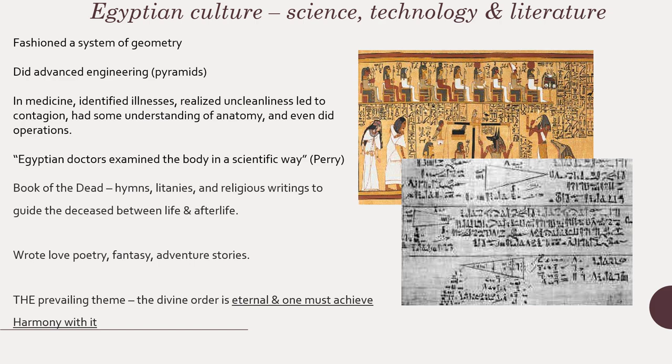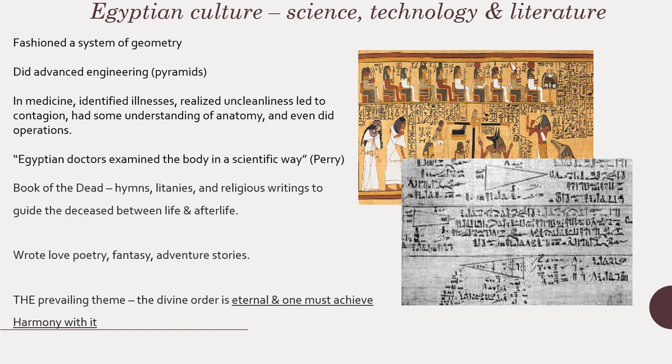One of the great pieces of literature of the ancient Egyptians has the great name, the Book of the Dead, which is full of hymns, litanies, and religious writings to guide the deceased between life and afterlife. So it's a piece of literature, but it actually had practical value as well. It was a guide to the afterworld. Remember, the Egyptians clearly believed in an afterlife, which is not uncommon worldwide at the time and since.